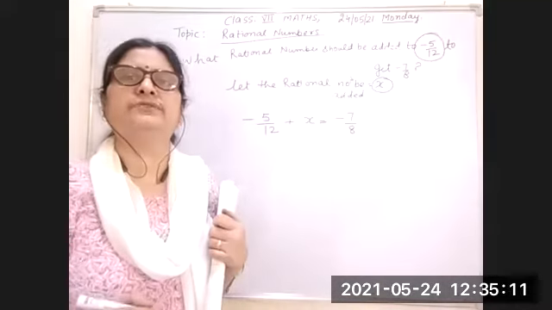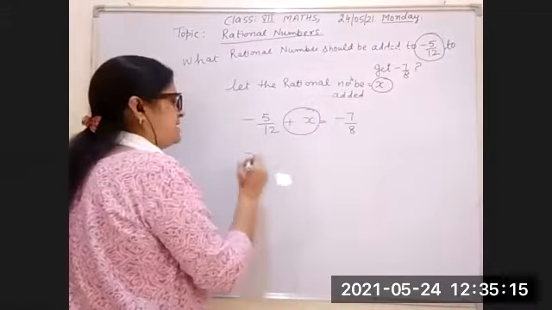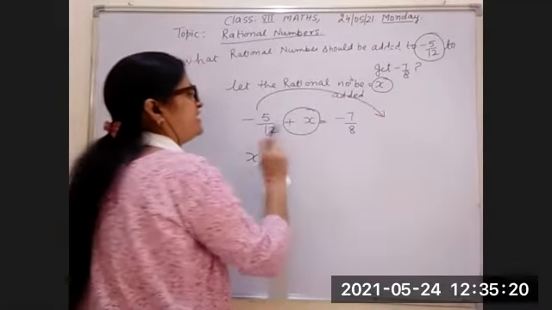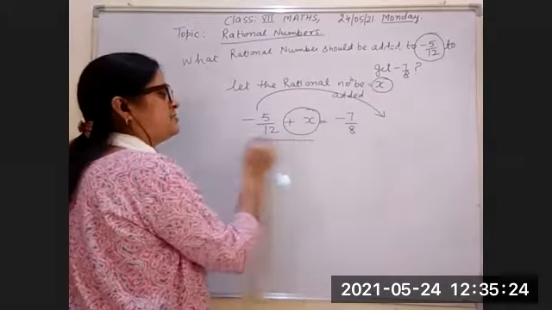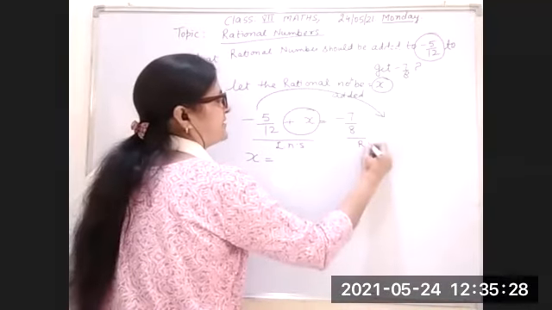This is the equation. So I keep x on the left hand side, and I transpose minus 5 upon 12 to the right hand side. This is your left hand side and this is your right hand side.